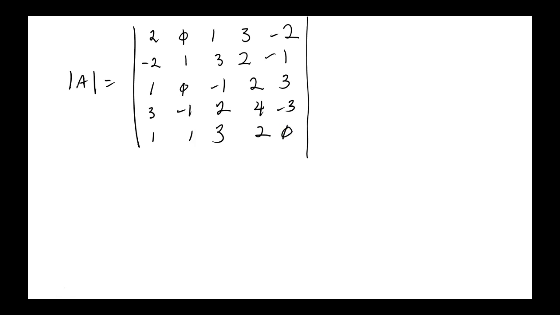Now, frankly, the best bet to me looks to be to do something with the second column, because the second column already has 2 zeros in it and the rest of the numbers are pretty simple, so I'd say that's the one to go for.